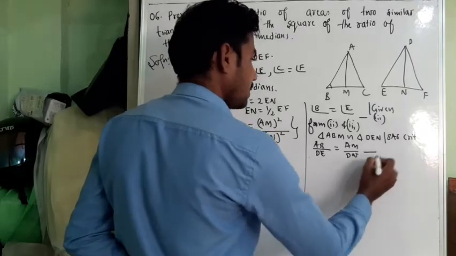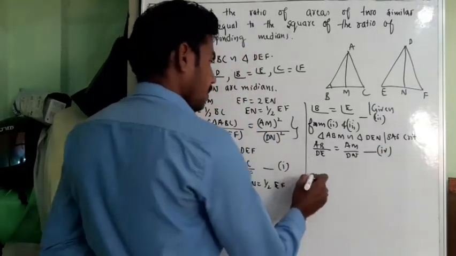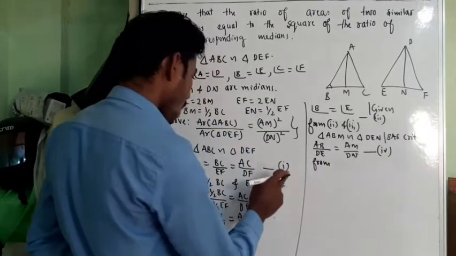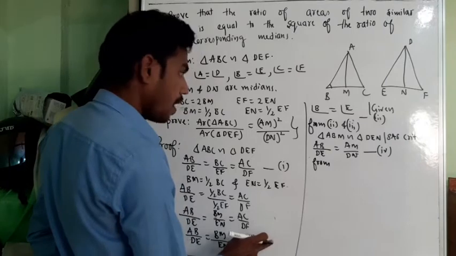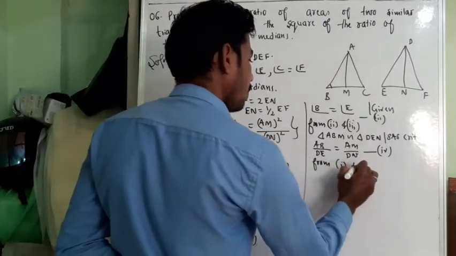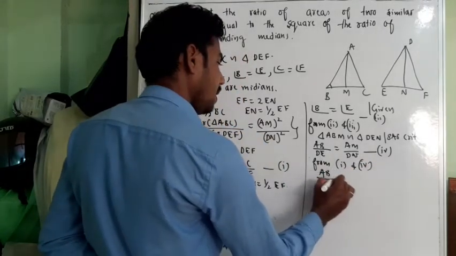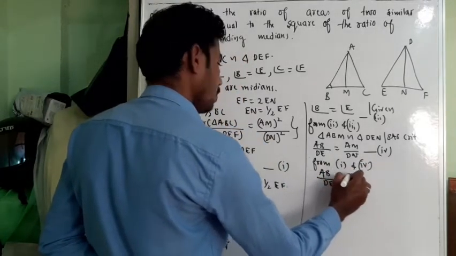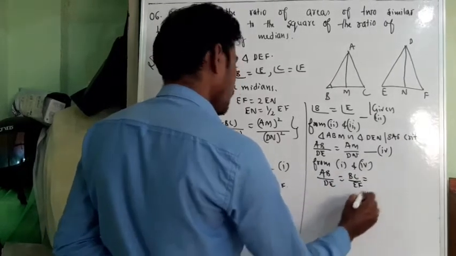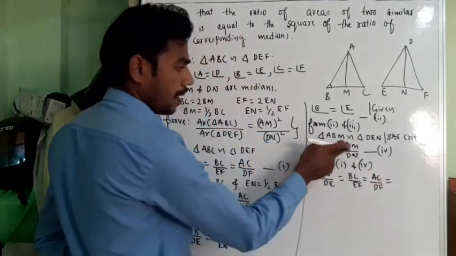I call it equation number 4. So from 1 and 4, what I can write? AB by DE is equal to BC by EF is equal to AC by DF is equal to AM by DN.